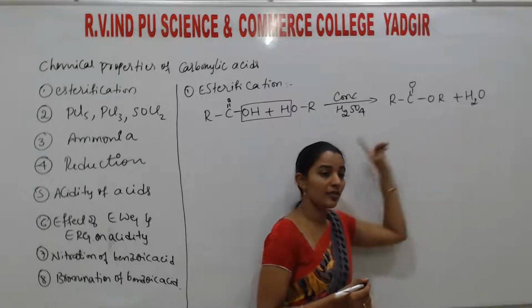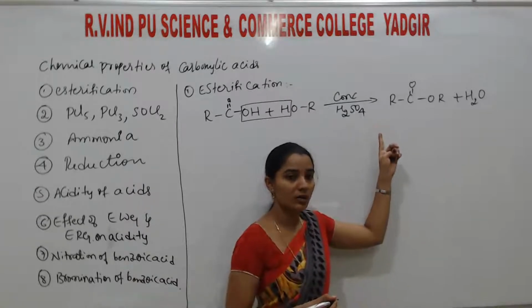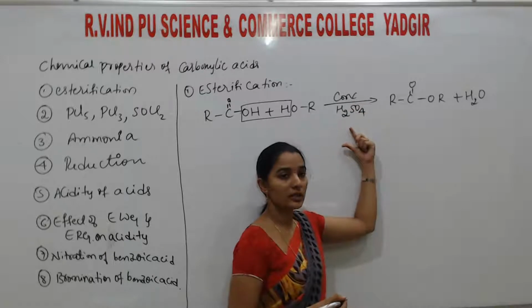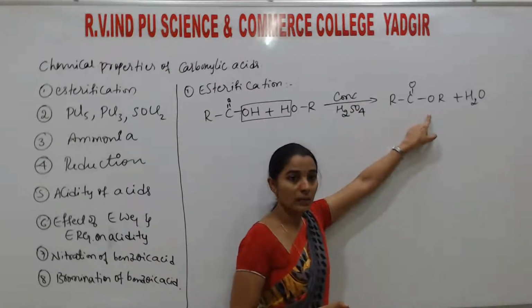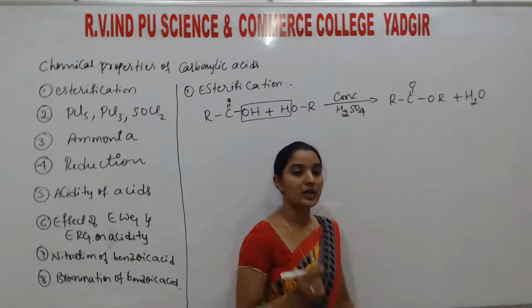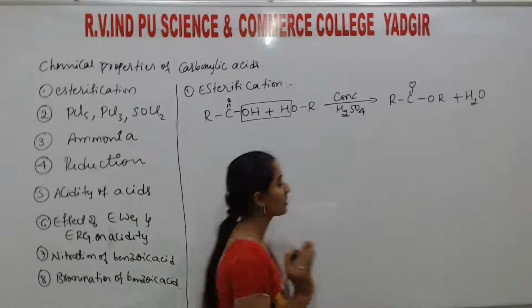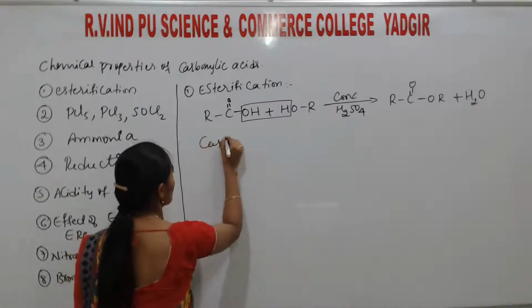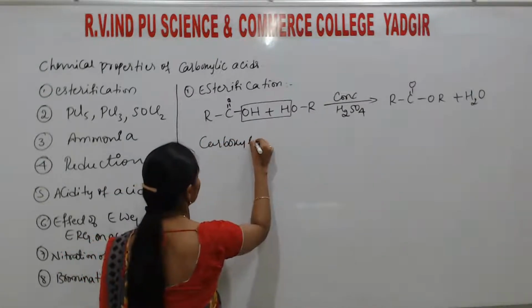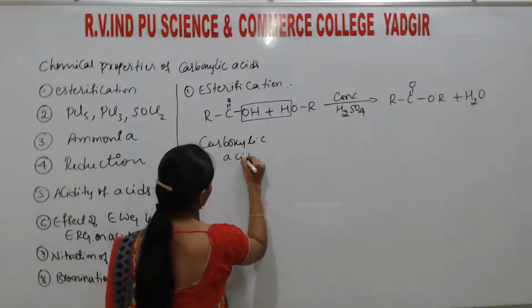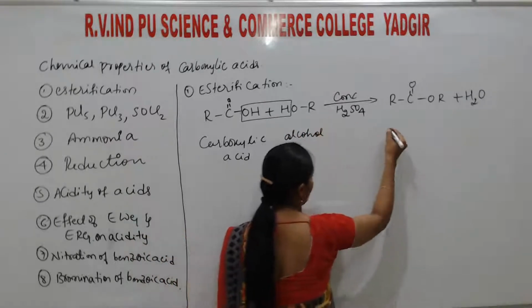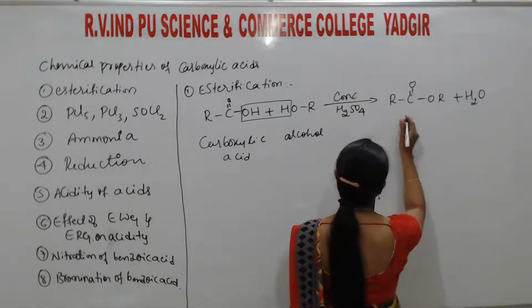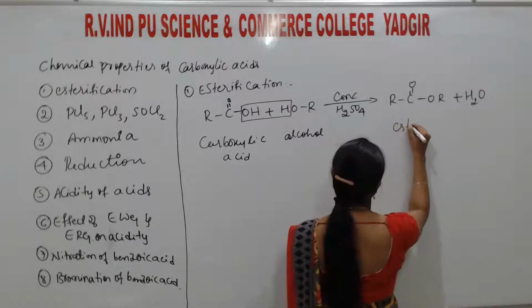The dehydration of carboxylic acid and alcohol in the presence of concentrated H2SO4 results in the formation of ester. That's why this reaction is called the esterification reaction. So you write here, this is carboxylic acid, this is alcohol, and this one is ester.